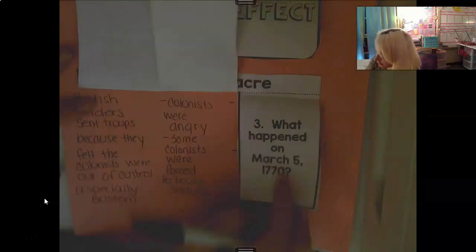So those troops that were sent over here and were on duty trying to keep these colonists under control were being teased by the colonists. And this was, of course, again on March 5th, 1770. The crowd grew larger and refused to leave.